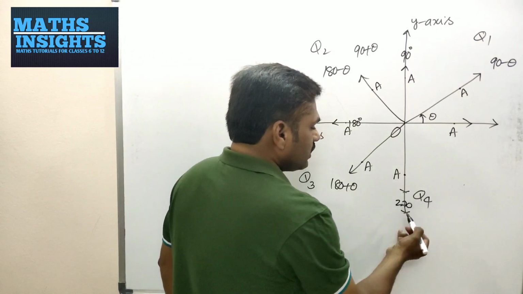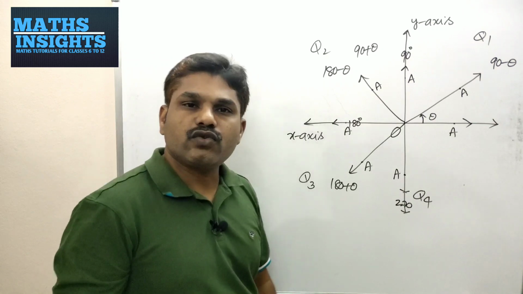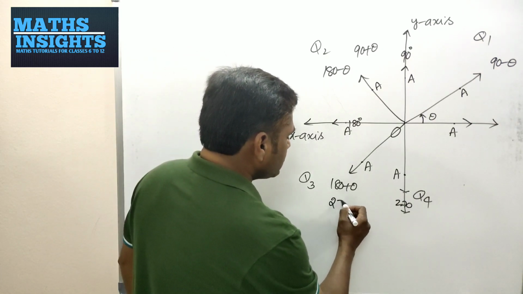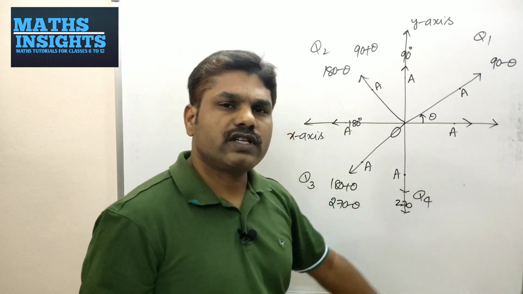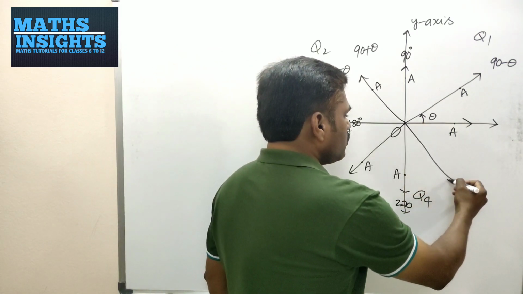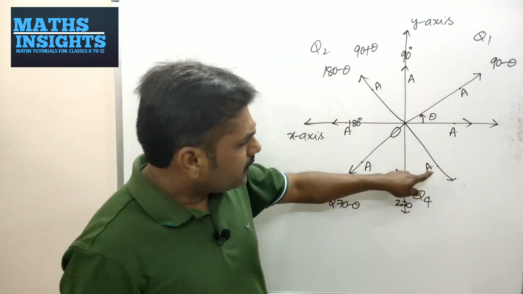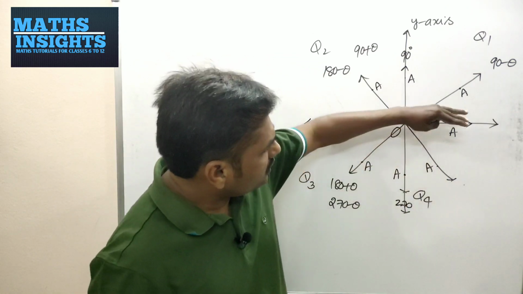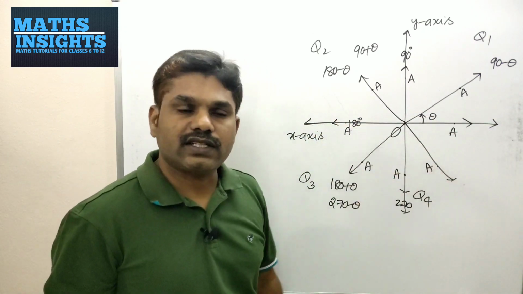That means whichever is before that, less than 270, may be written as 270 minus theta. Similarly, when it continues its rotation, and suppose it is here, then the angle made by this OA with the positive x-axis is 270 plus theta.